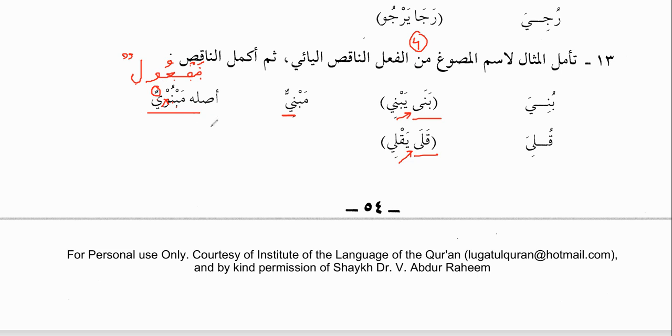So what happens is, when the noon loses its dhamma, what happens? The noon gets a kasra because the next letter is ya. So a ya comes in from the present tense.